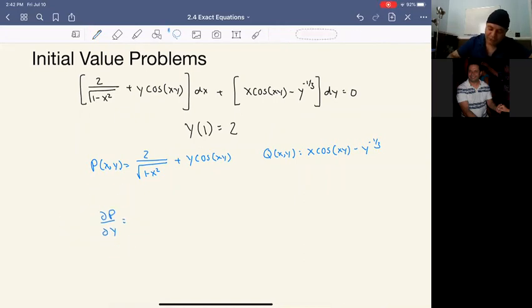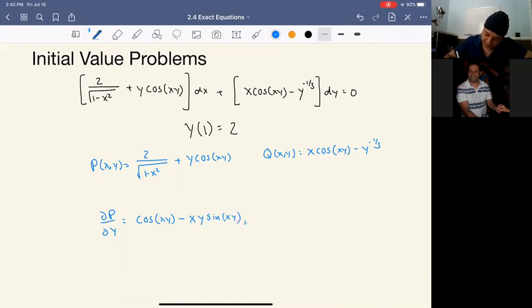So the derivative of P with respect to y is going to be, well, this term's derivative is 0. So we're just going to have the derivative of this, which is cosine xy minus xy sine xy.